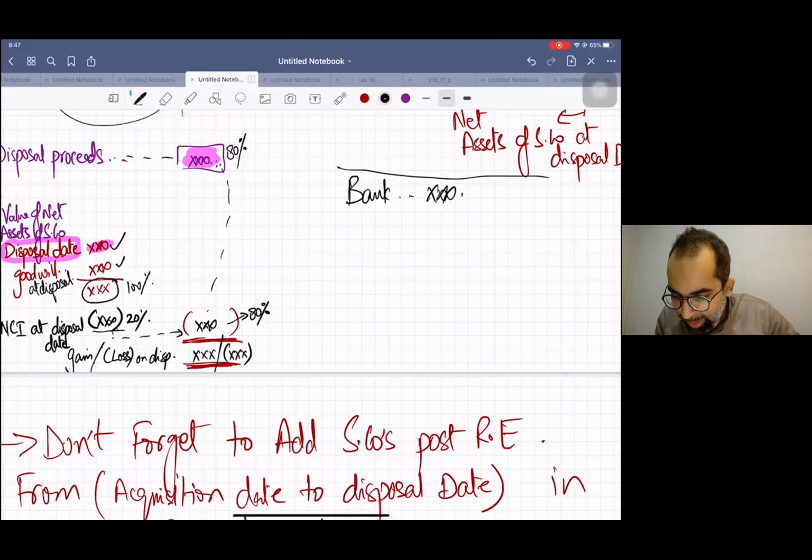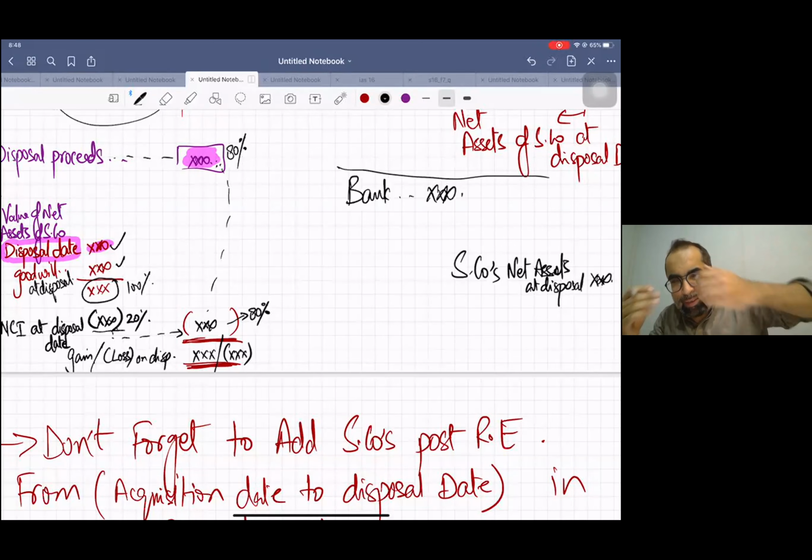So the subsidiary's net assets at disposal date, just simply remove it. Again, as we sold the running business, we sold the goodwill as well. We said bye, so goodwill also credit.